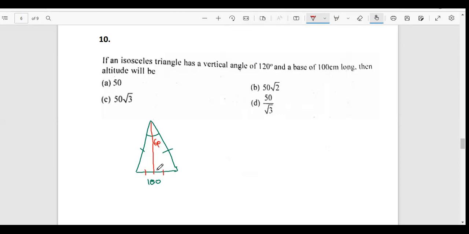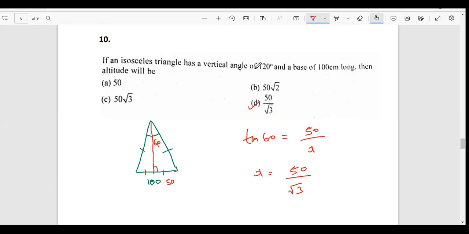And now you can think about it. आपके पास perpendicular side है, that is 50, and you are interested in finding out the base. So we can use tan 60 is equal to perpendicular over base, so it would be 50 divided by x, that is the height, so x would be 50 by tan 60, that is root 3. That is why the answer is D.